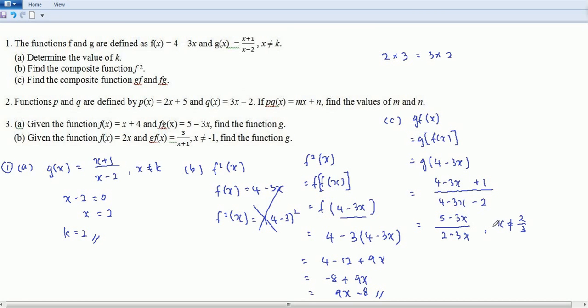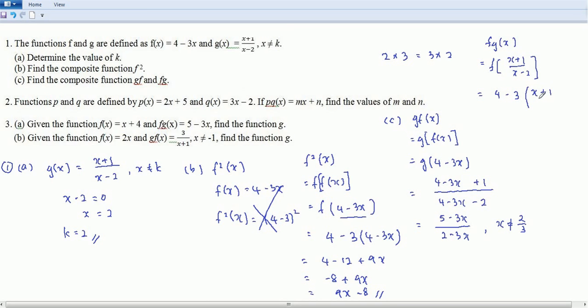Then we go to fg. I do it here: fg(x). Same thing, we do g(x) first, which is (x plus 1) over (x minus 2). f(x) is 4 minus 3x, and this is a new x.